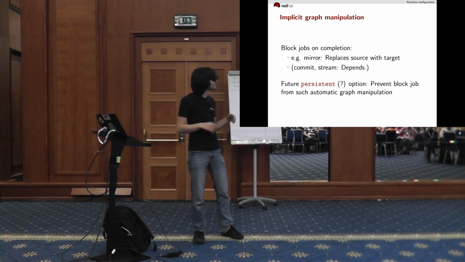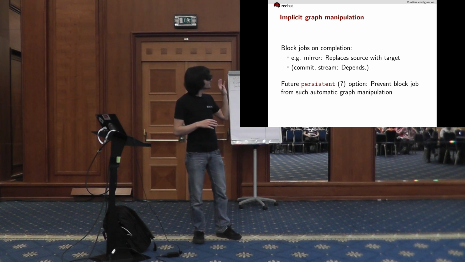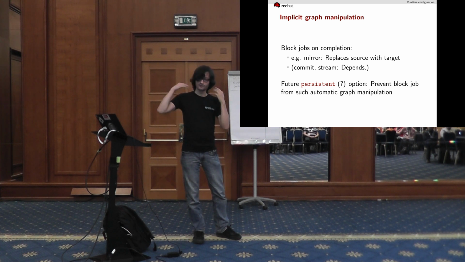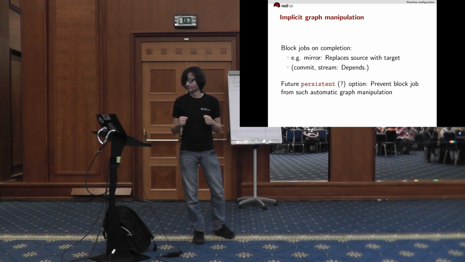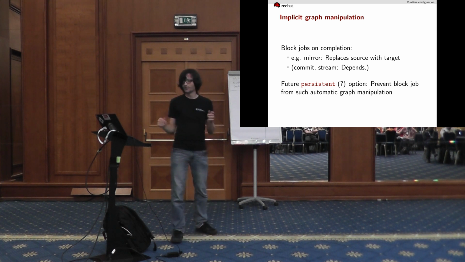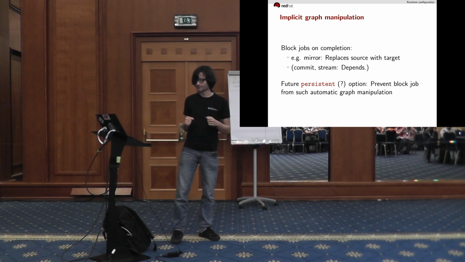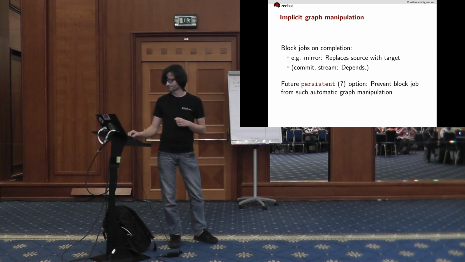Maybe it gets renamed later, I don't know, to prevent block jobs from automatically exiting and automatically doing this graph manipulation. So the block job runs, it completes, and then it would linger around basically as some kind of zombie, and you would then call another explicit command to delete or reap the block job, which would then result in this graph manipulation synchronously done, so you know exactly when it's going to happen.